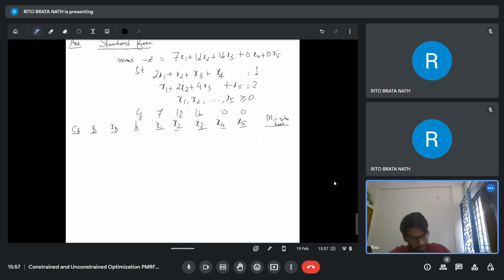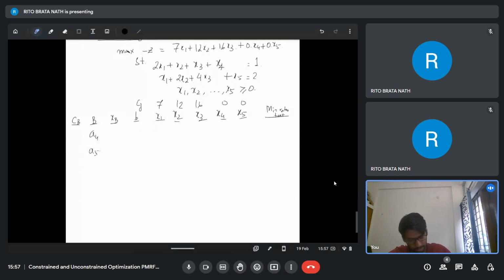Initially x4 and x5 are in the basis. These are your 0, 0. So it's good that you have only 2 rows to solve here, right? So that's easy by hand when you are doing it. The right hand side is 1 and 2. 2, 1, 1, 1, 0.